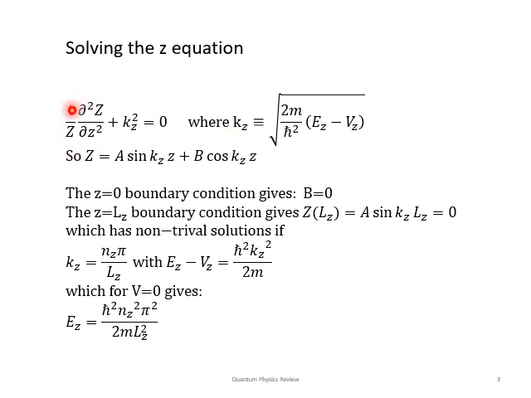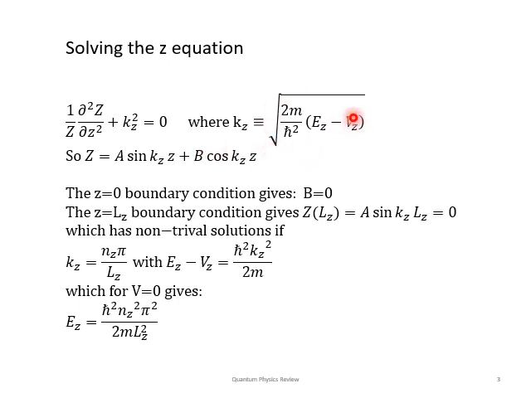Continuing to solve that z equation, what is frequently done is to collect many of the constants together into a wave number, k sub z, which is equal to the square root of twice the mass of the particle divided by h bar squared, times the difference between the constant E sub z and the potential V sub z.